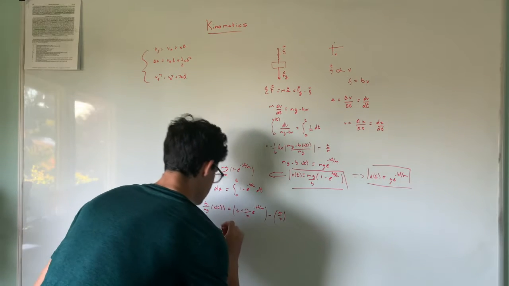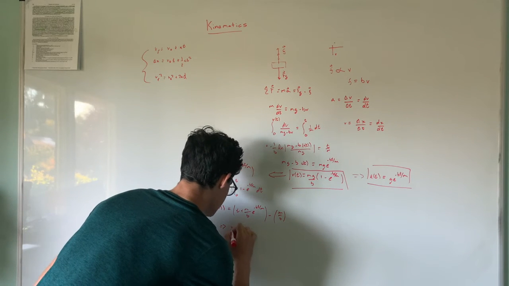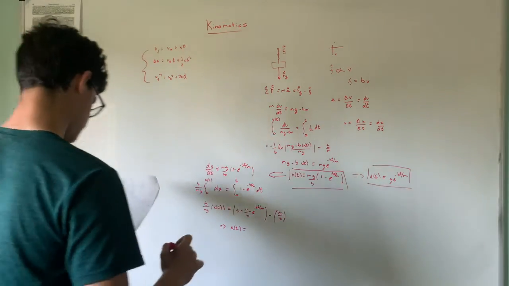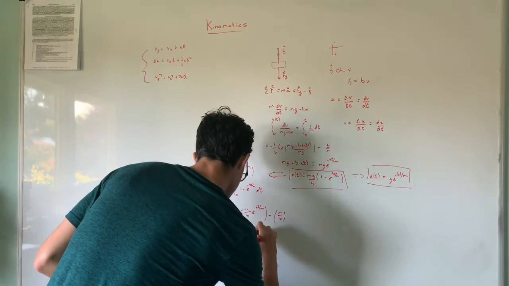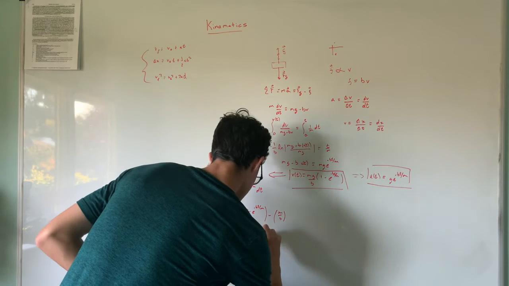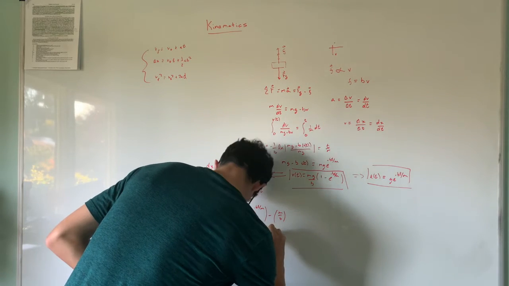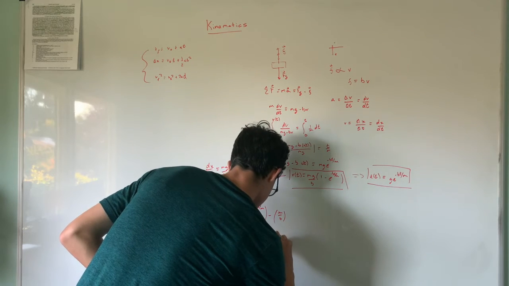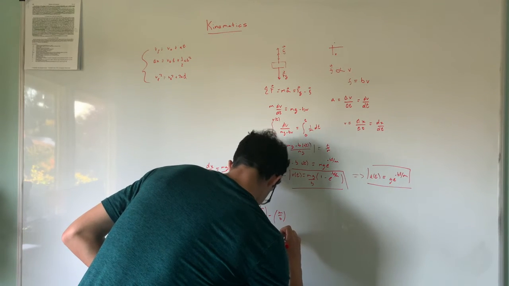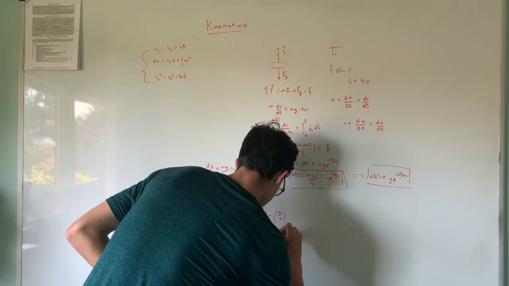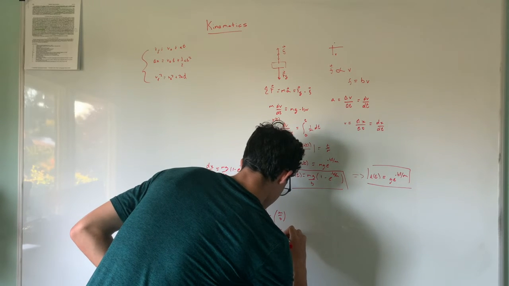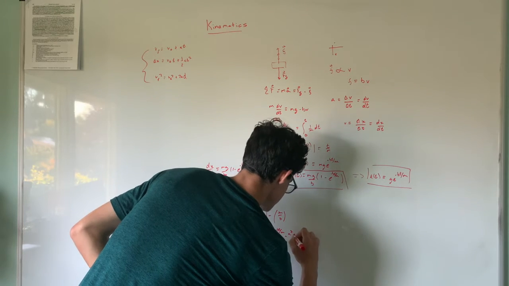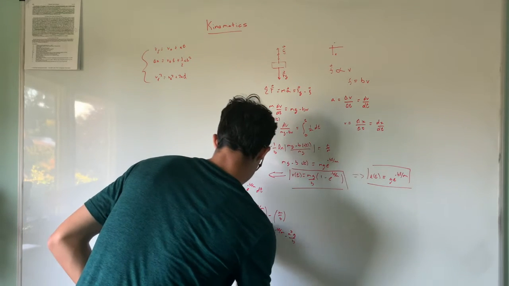And so this will give us our final displacement equation, just putting it in writing: x(t) = mg over b times t plus m squared g over b squared e to the negative bt over m minus m squared g over b squared.